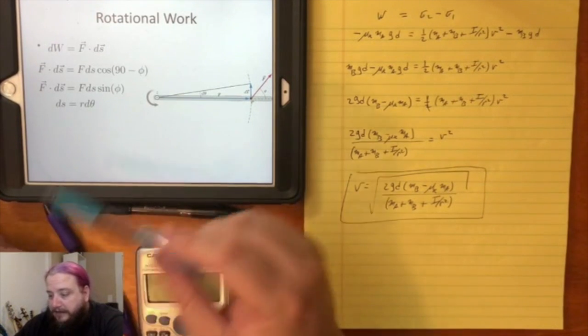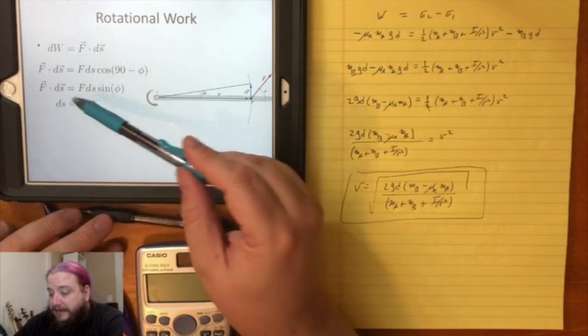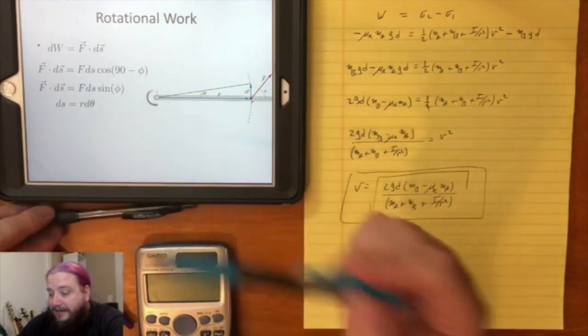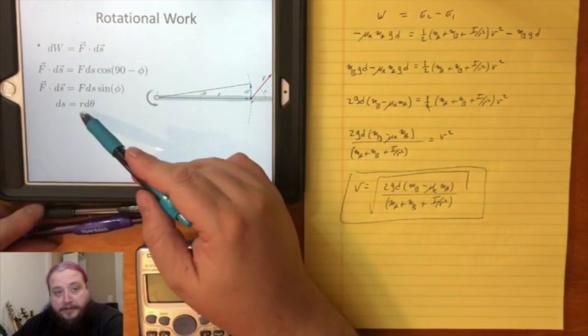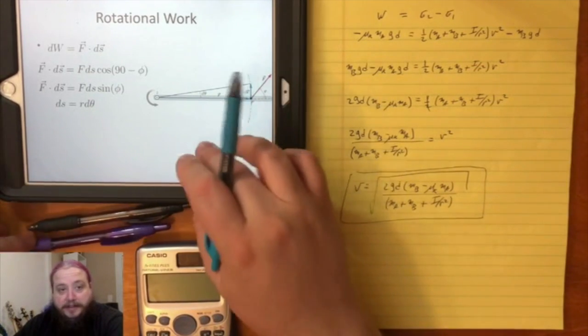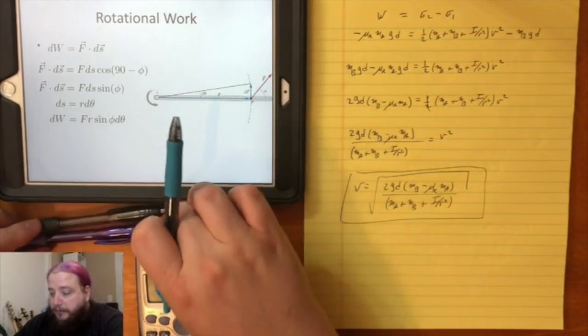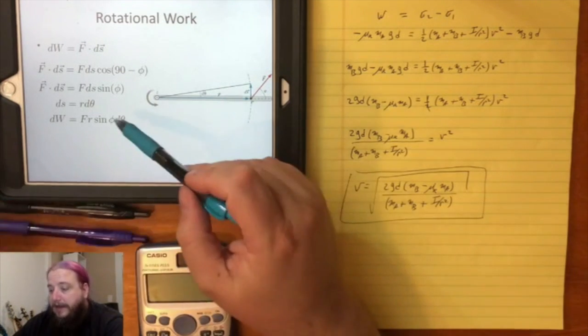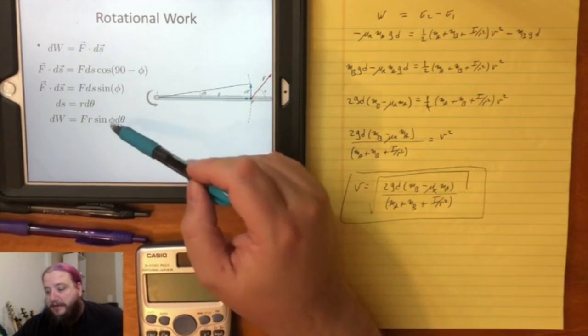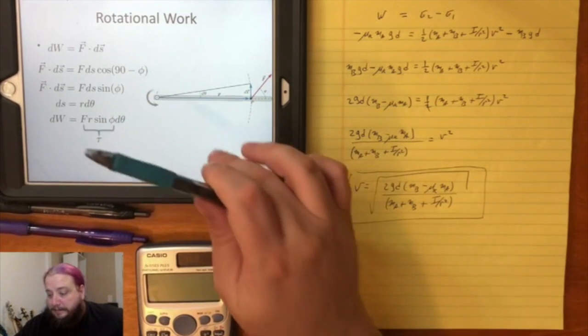That in turn can be written using the usual relationship between ds and d theta, that ds is r d theta. Therefore we can write our work as F times r times sine of theta d theta.